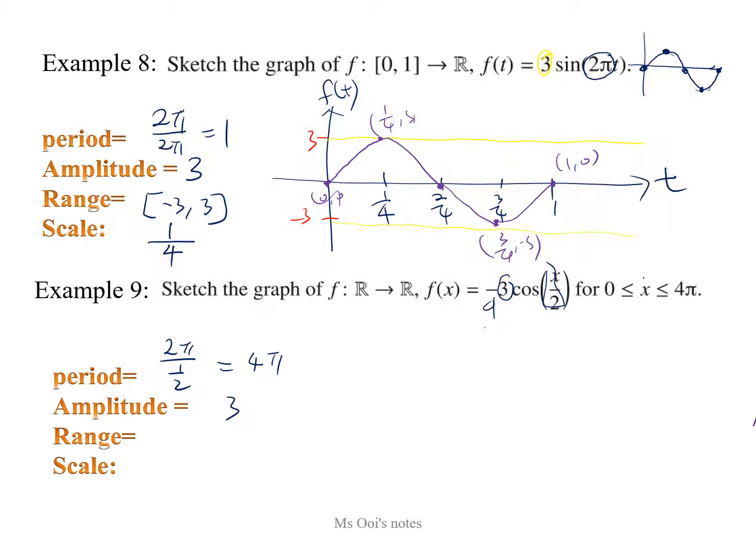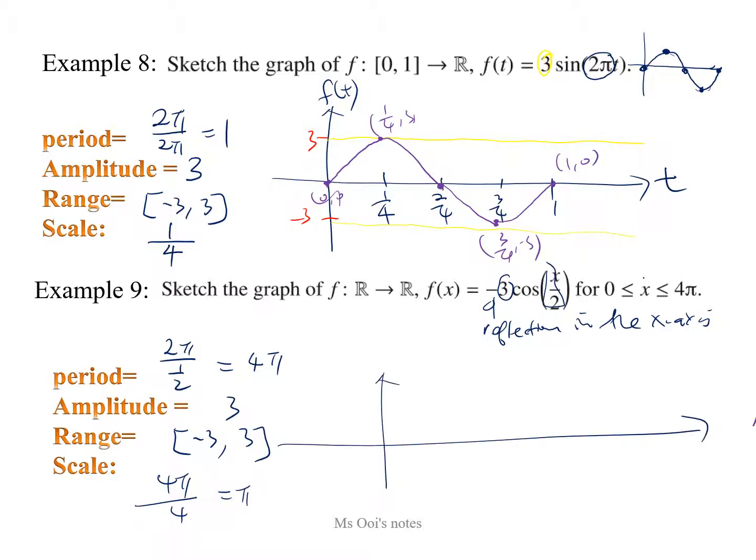That negative means reflection in the x-axis. The range is the center plus the amplitude and the center minus the amplitude, so it's -3 to 3. The scale will be 4 pi, which is the period, divided by 4. It's a quarter of a period, which gives you pi.